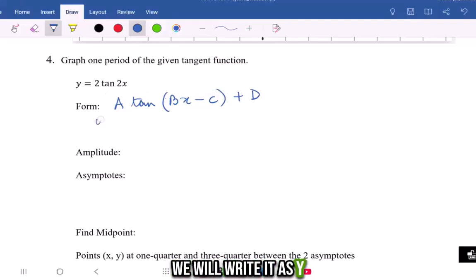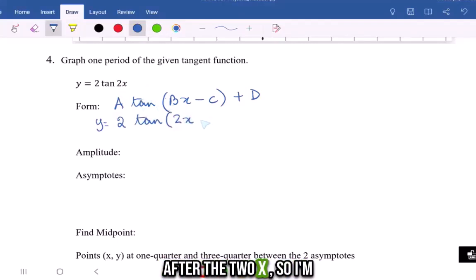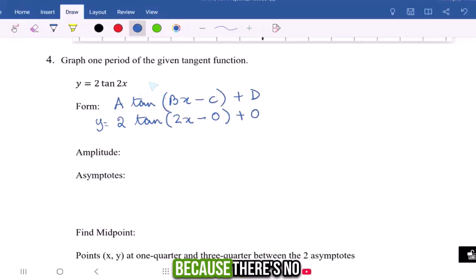We will write it as y equals 2 times tan of, within brackets, 2x. Now there's nothing after the 2x, so I'm going to write this as minus 0 plus 0 outside the brackets, because there's no brackets involved and therefore nothing outside the brackets either. Now let's identify the values of a, b, c, and d.